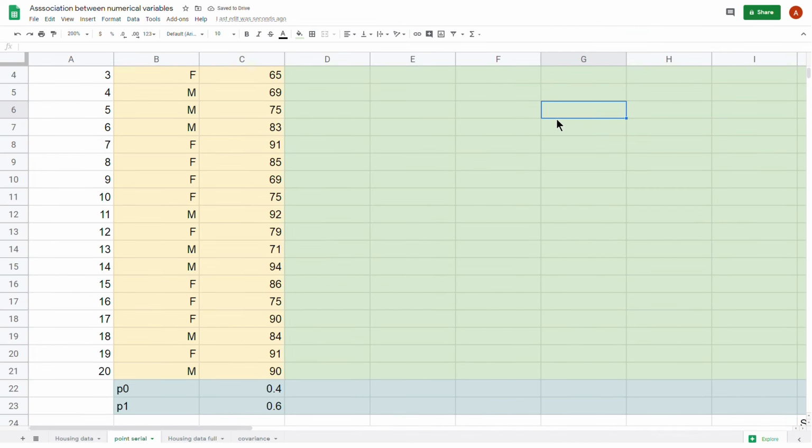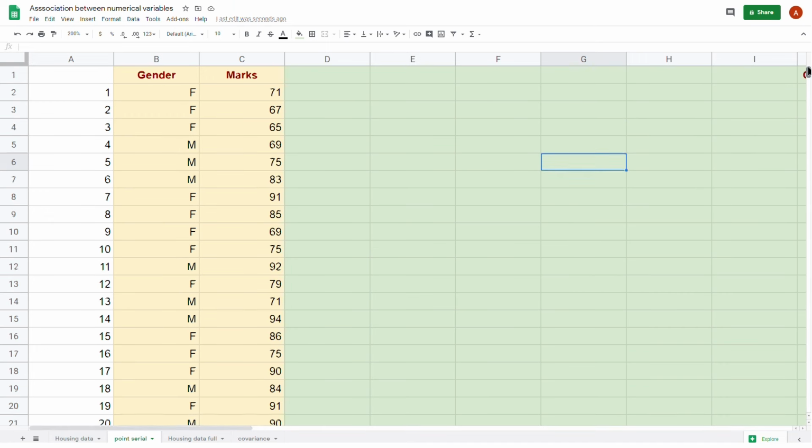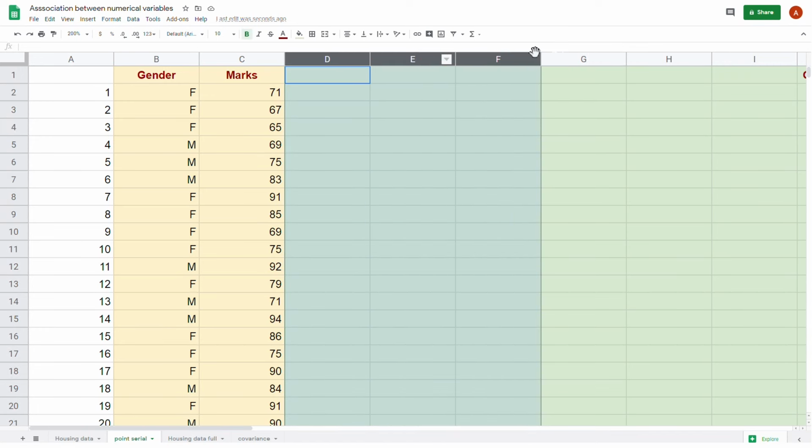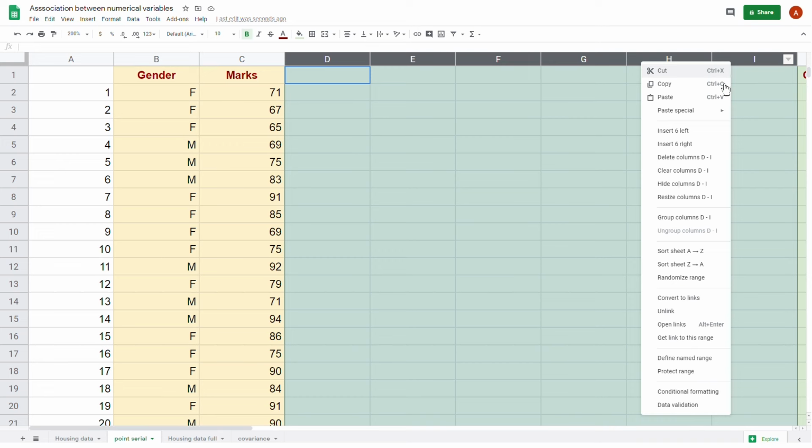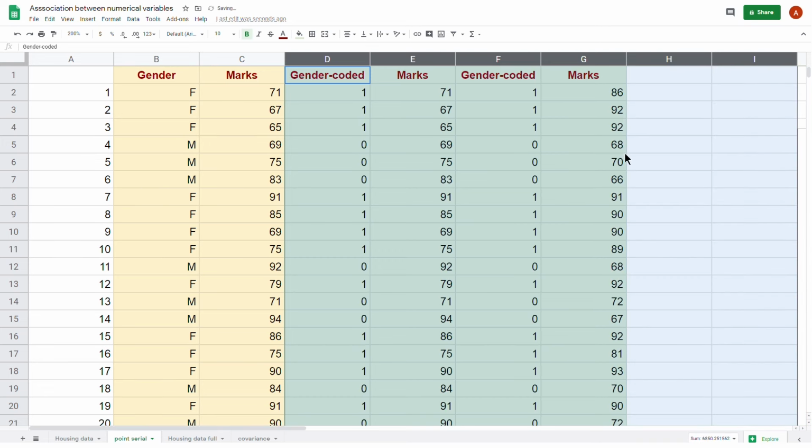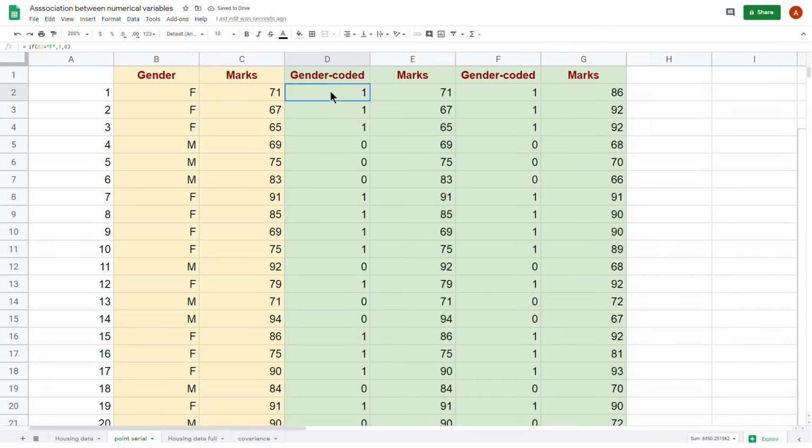So, let us start by looking at a scatter of this data. To look at a scatter of this data, what I first do is the following. I code my categorical variable. What do I mean by coding my categorical variable? I have gender, female and male, here. I am coding it because now I am looking at whether I can quantify the correlation between these two variables.